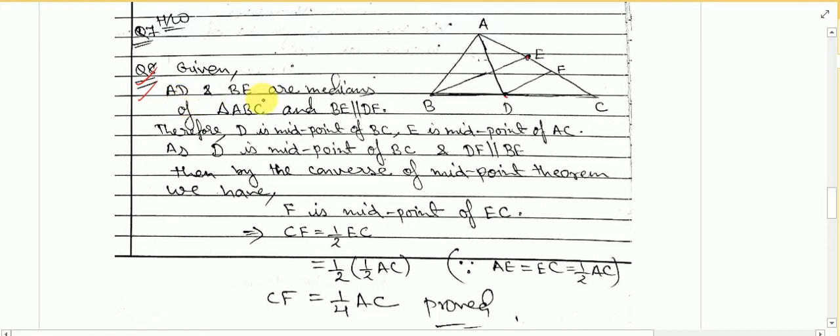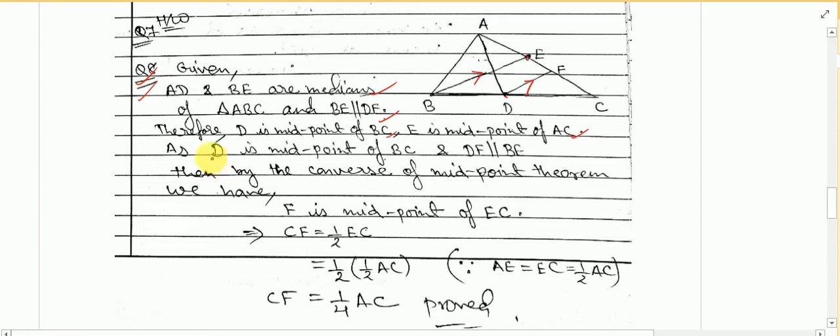So here given AD and BE are the medians of triangle ABC, and it is saying that BE is parallel to DF, okay. So these things are given to us. Since BE and AD are medians, therefore D will be the midpoint of BC and E will be the midpoint of AC, clear.